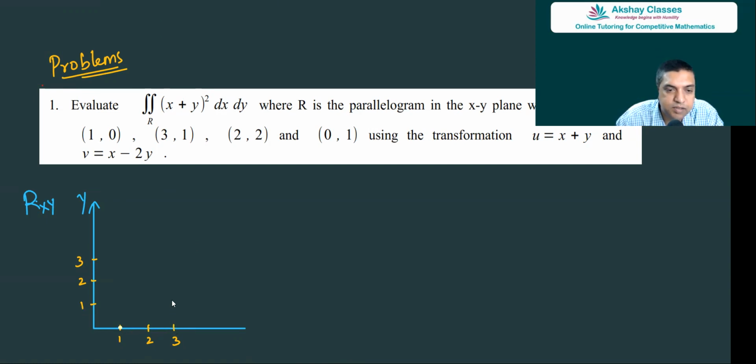Now, the points are 1 comma 0, 3 comma 1, then 2 comma 2, and 0 comma 1. This is 2 comma 2 is here.